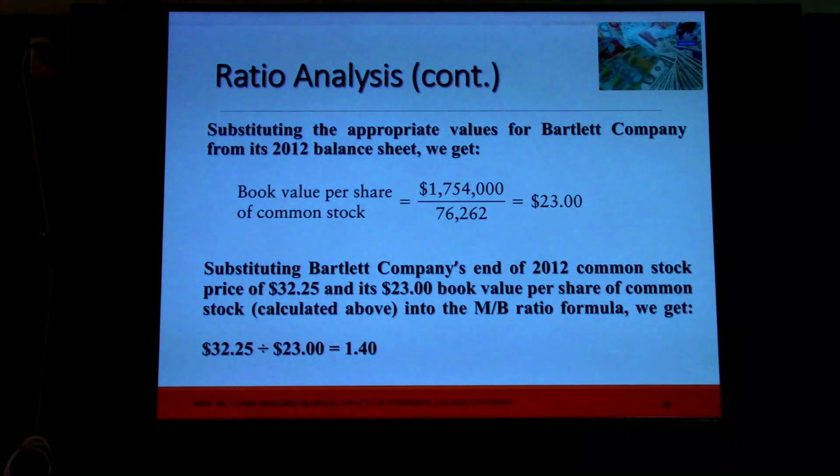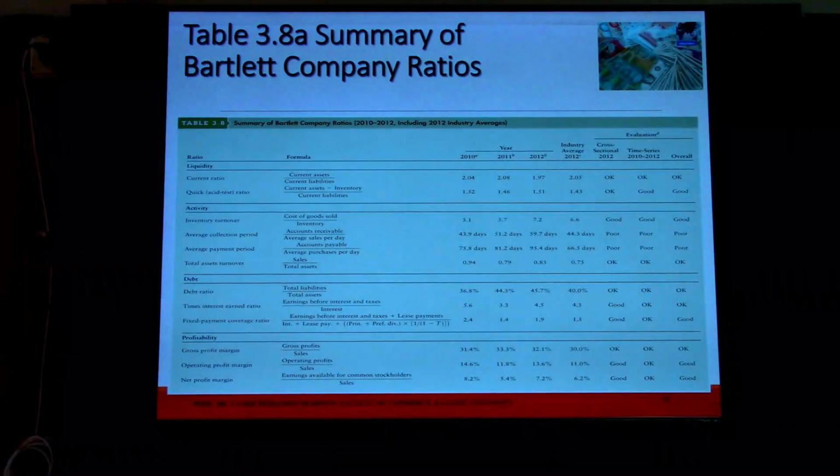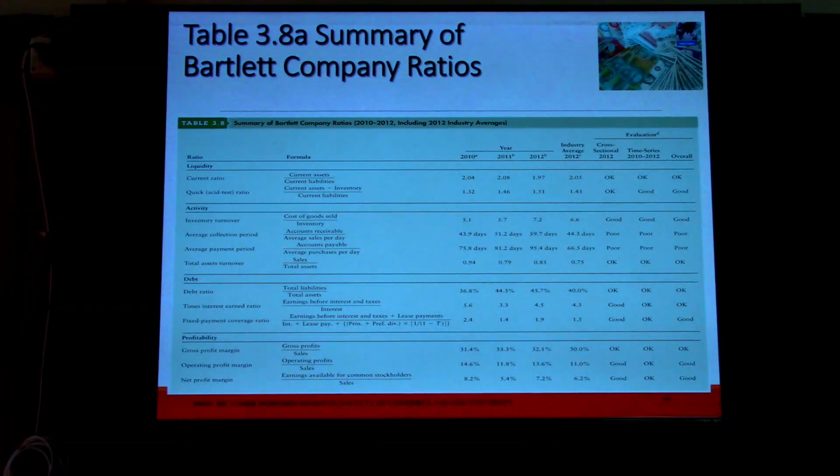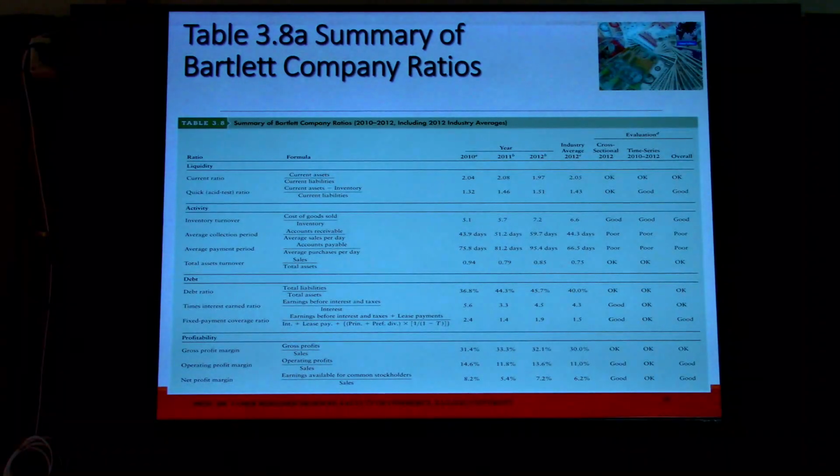After finishing the calculation of these ratios for each category, you must try to summarize them in a table that could help you to reach a general conclusion regarding the financial performance of this firm.